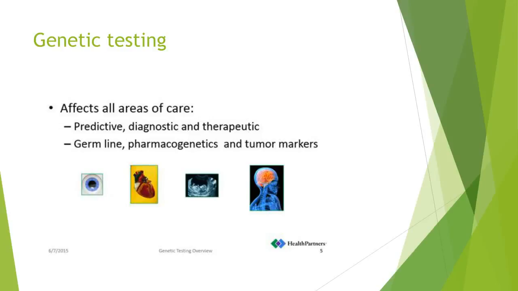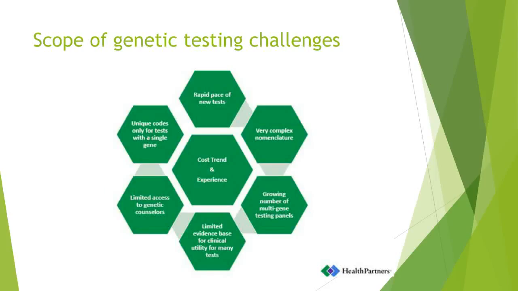This affects all aspects of care. It's predictive, it's diagnostic, it's therapeutic. You get into germline, pharmacogenomics, genetics, and tumor markers. The scope of genetic testing, there's a variety of aspects to this. There's a rapid pace of new tests coming on the market. It's very complex. It's very difficult to keep up with it all.